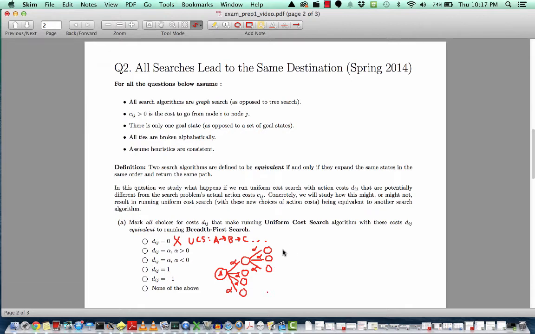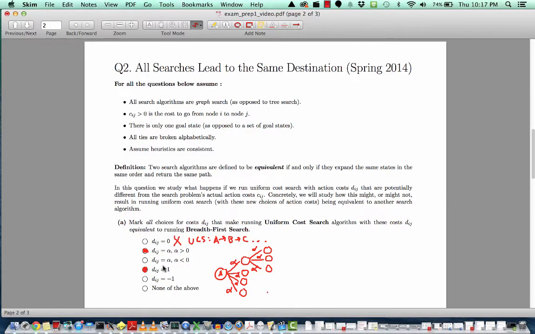That's identical to breadth first search. So uniform cost search is equivalent to breadth first search for a constant weight value alpha that is positive. Similarly, when dij equals 1, that's just a special case when alpha equals 1, so we know that this is also true.